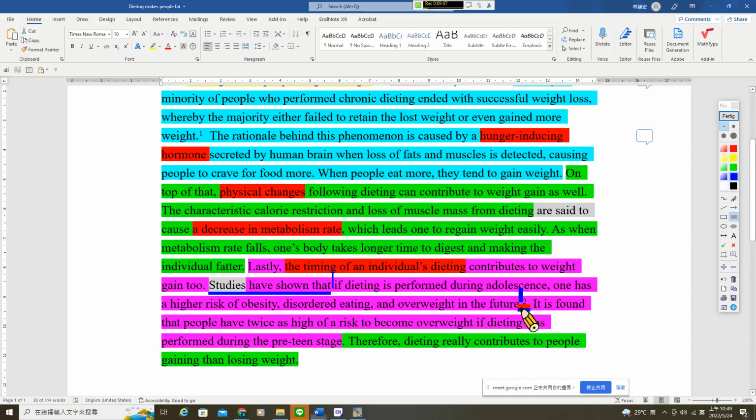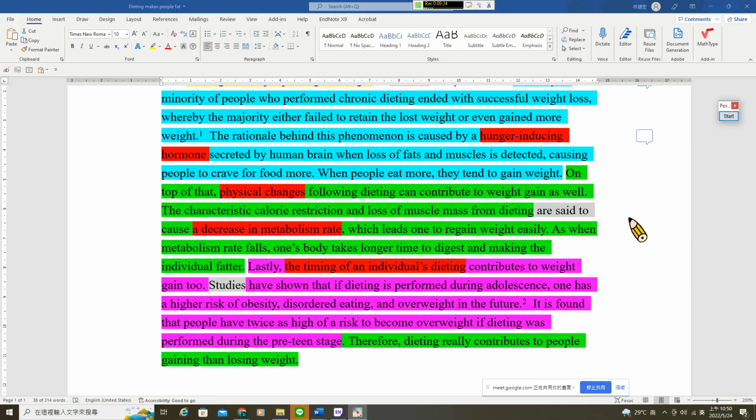This is a period here, right? So the part for the citation coming out from the source refers to this section. So if dieting is performed during the lessons, one has a higher risk of obesity, disorder eating, and overweight in the future. So this part is the citation from the studies. And I put a note here, right?